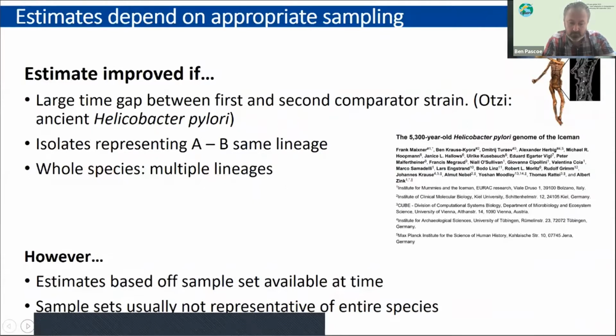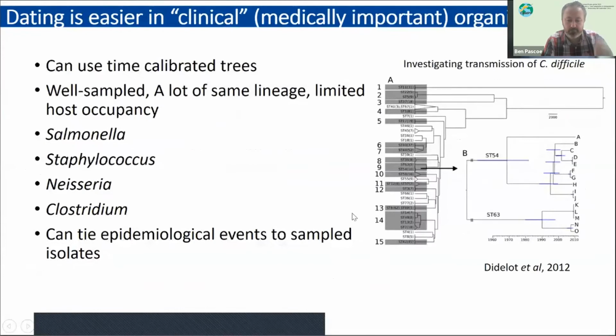However, most estimates are based on the availability of samples at a particular time, and a lot of estimates aren't representative of entire species due to limitations in sampling. This is a lot easier in medically important isolates, where a lot of the same lineage is sampled for clinical reasons.